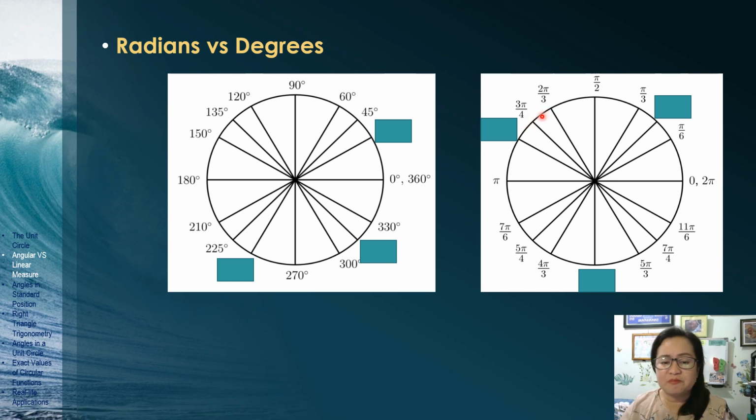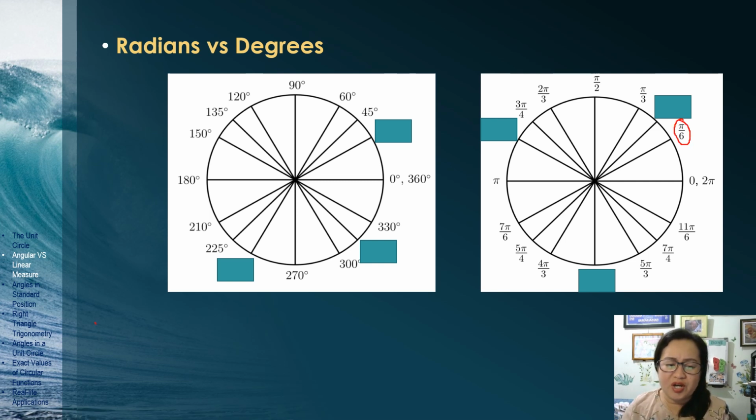Now let's complete the measures of the given circle. Now take note, this missing angle is equivalent to pi over 6.